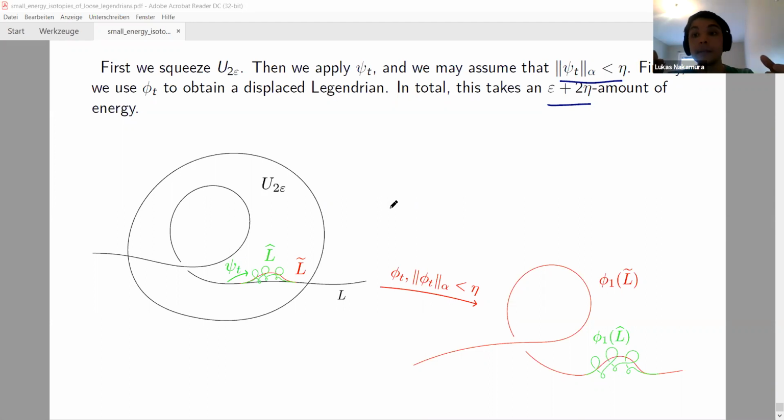Then by Murphy's h-principle, you know that they are actually genuinely isotopic. And by what I've explained so far, you can actually obtain an energy bound. So from this you get Murphy's h-principle, but additionally you get a bound on the energy of the isotopies whose existence is implied by Murphy's h-principle.